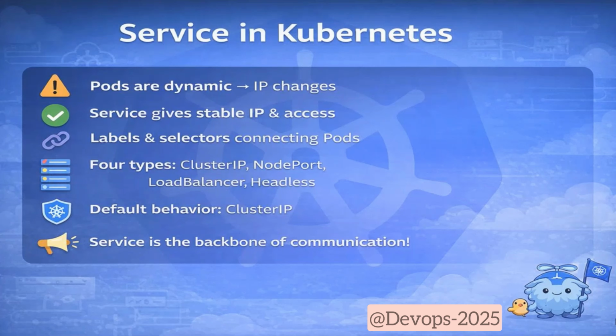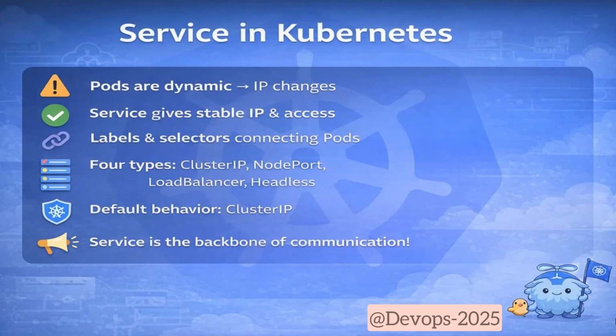So today, the back-end pod is, for example, 10.0.0.1 and the front-end works. Tomorrow that pod crashes, a new pod is created with the IP 10.0.0.2. The front-end is still calling 10.0.0.1 and the request fails. So despite the back-end running perfectly, the front-end breaks only because the IP changed.